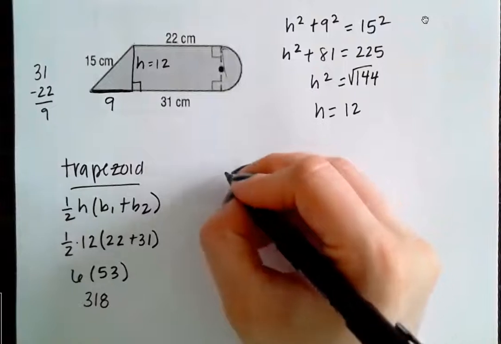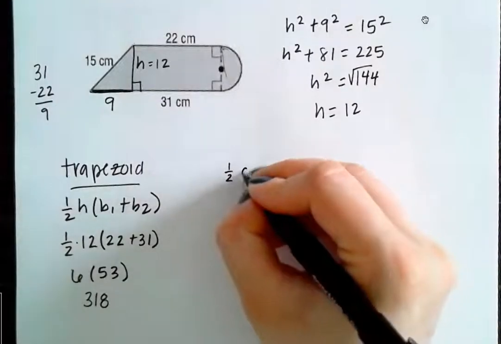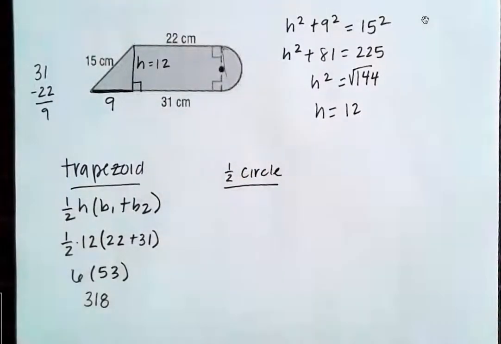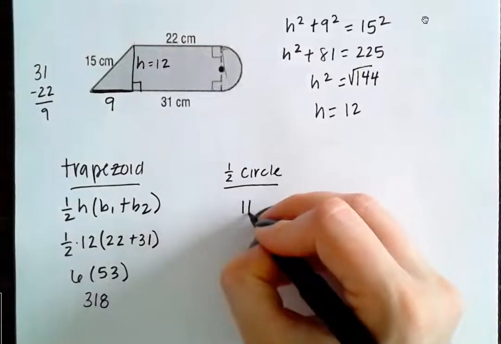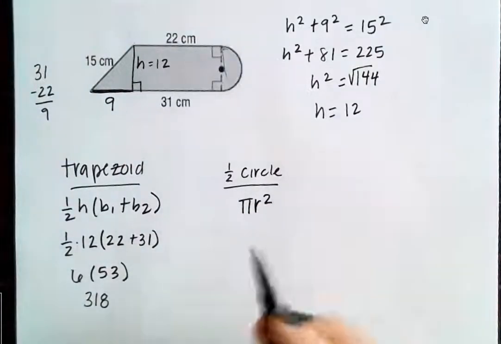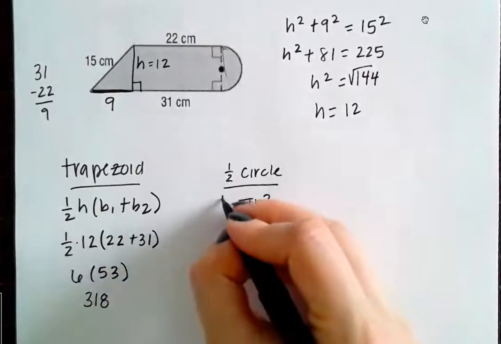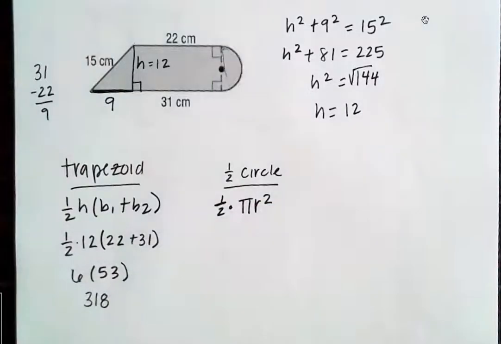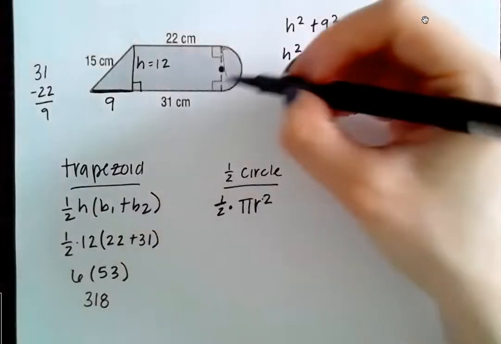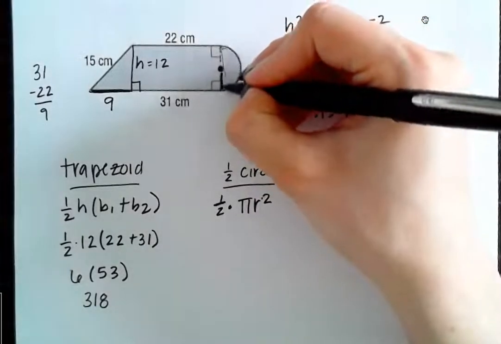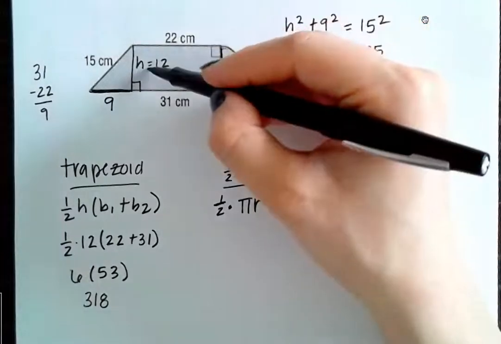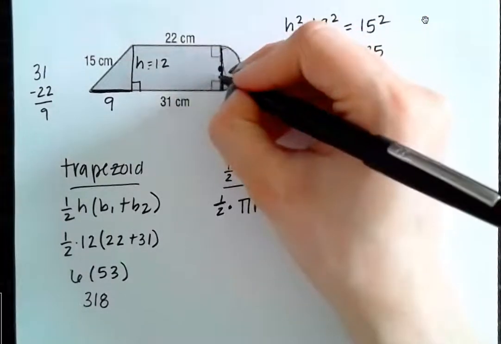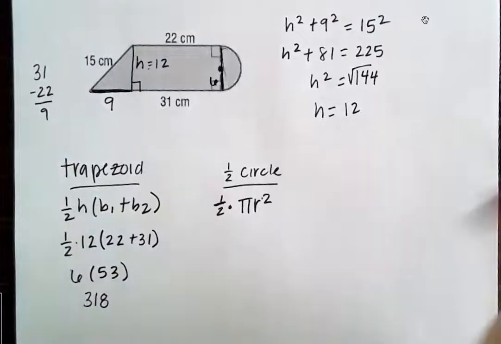And then we have a half circle, semicircle. So let's first remember the area of a circle. The formula is pi r squared. And then since I want half of that, I'm going to take it times a half, or divide by 2 in the end, however you want to do it, okay? So what is my radius? What would this guy be right here? Well, I know my whole diameter is the same as my height. It's 12, so my radius is just 6.